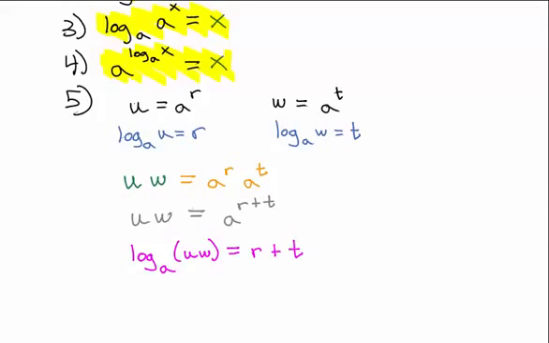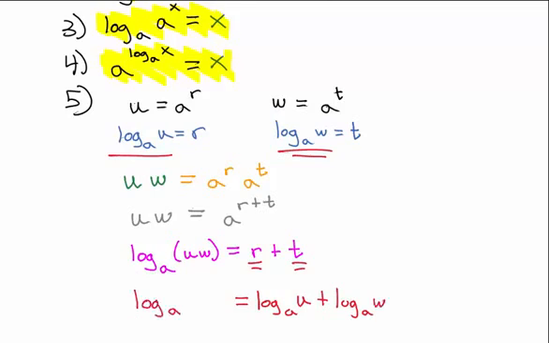And here's the rub. The important conclusion is r is log base a of u, and t is log base a of w. Which means log base a of uw is equal to log base a of u plus the log base a of w.